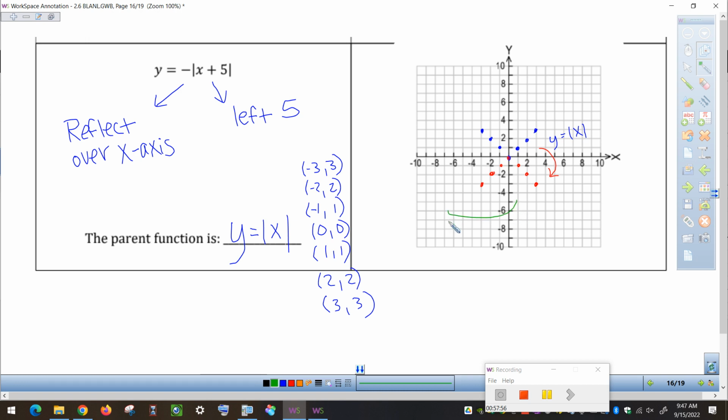Then I'm going to go ahead and shift everything left 5 spaces. So that starting point there, that vertex point, is now going to go to -5. And then I've got like my points going down for that side of the V shape. Now I've got this side. And then the green one is my final answer, so that's the one that I'm going to connect.